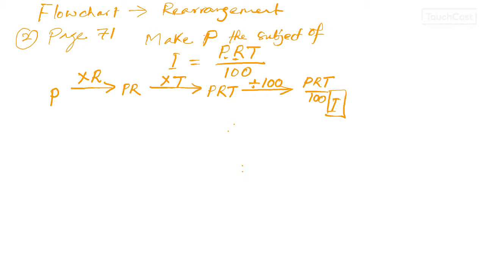That's the I is the principal rate time, and divided by percent because we need to change it to percent.